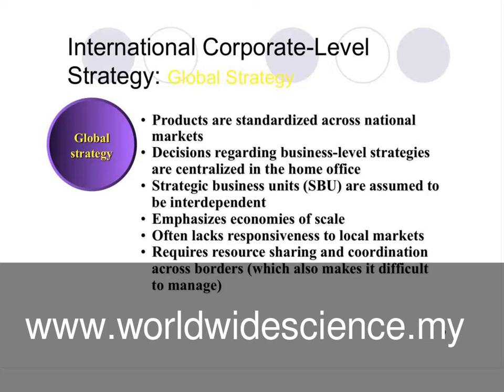Your emphasis is on economies of scale because you want to create the same type of product. So you create as much as you can with the same features for the product. But you don't have much responsiveness to the local markets. You just create one unique product and send it all over. So it's a different approach and requires resource sharing and coordination across borders.